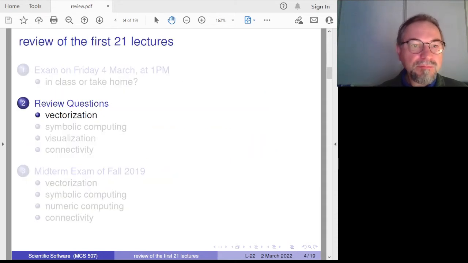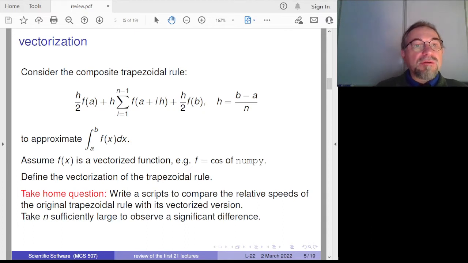Okay, first question, vectorization. So consider numerical integration, and this is the composite trapezoidal rule.